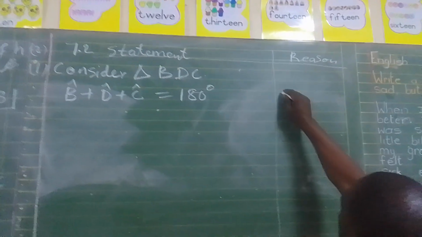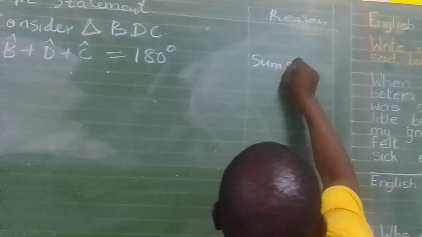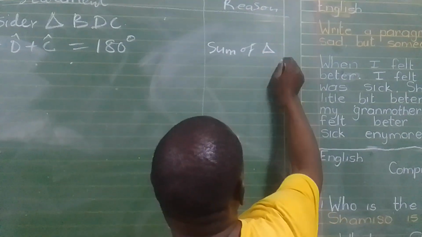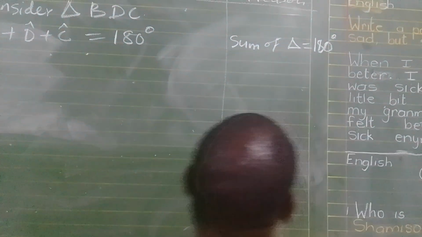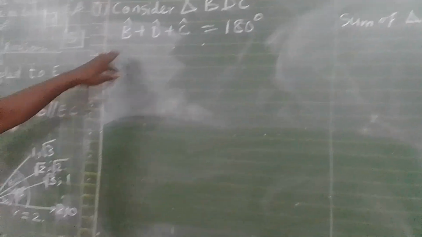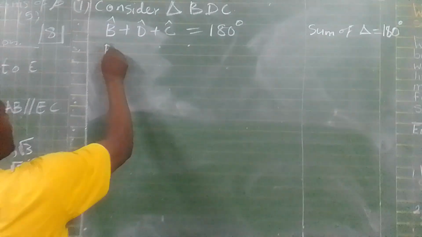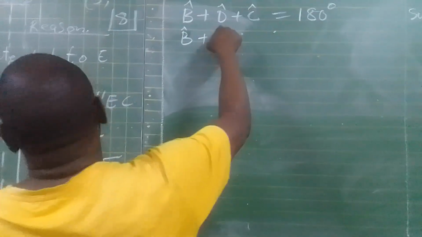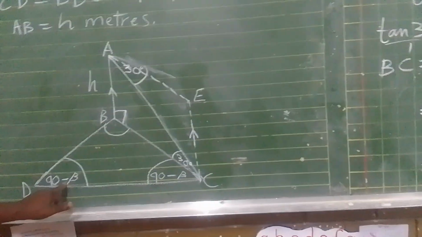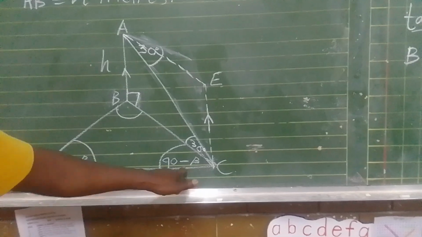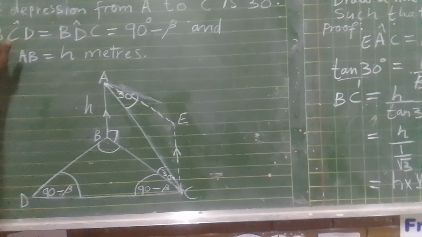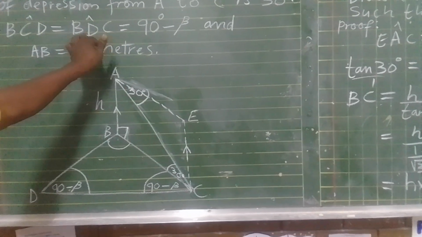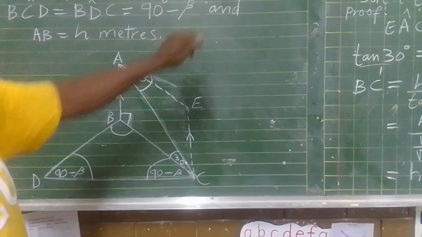The reason for that is the sum of angles in a triangle is equal to 180 degrees. Now we don't have B, we say B plus D. D is 90 minus beta, C is 90 minus beta. That was all given from the statement. This is, BCD is equal to BDC is 90 minus beta.